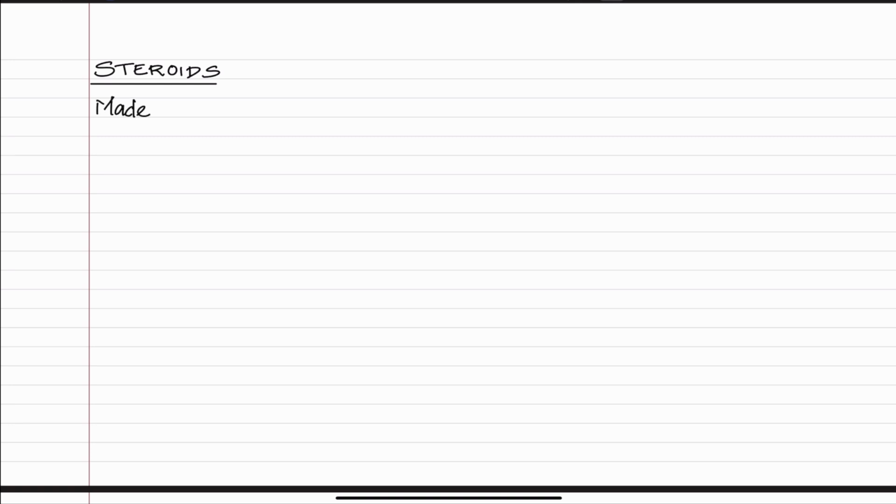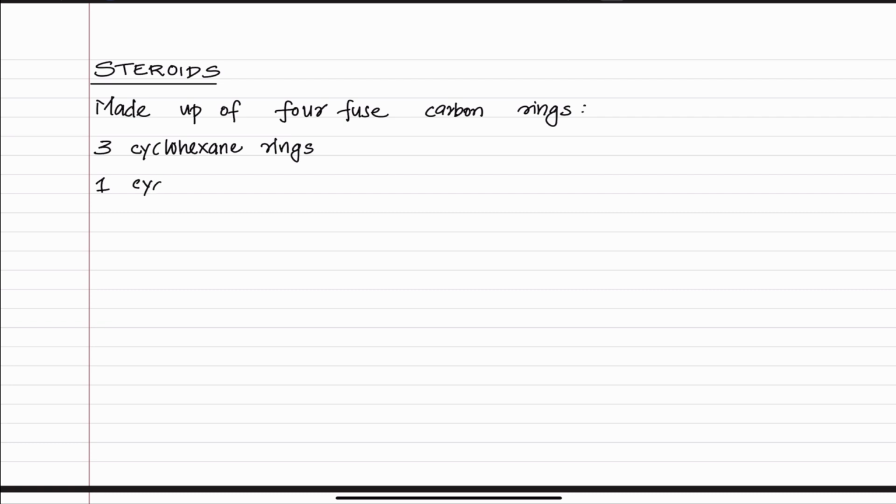Steroids are made up of 4 fused carbon rings, which includes 3 cyclohexane rings and 1 cyclopentane ring.